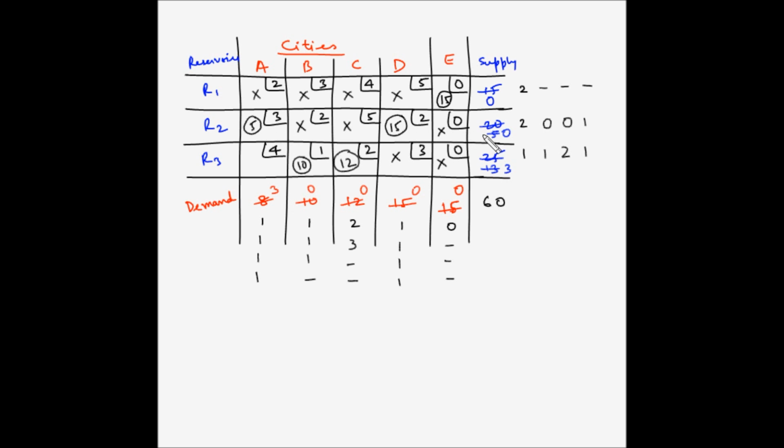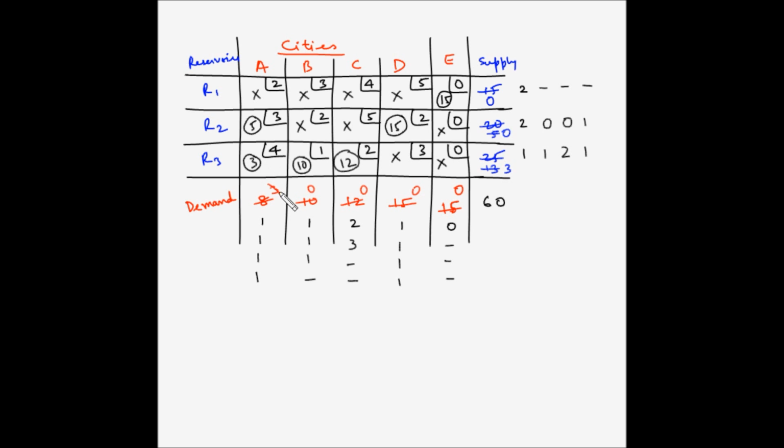Now since the entire supply capacity at R2 has been exhausted, all the boxes should either be allocated or crossed off, and as we can see, they are either crossed off or allocated. So now let's move to the last square for allocation, which is R3A. A has a demand of 3 while R3 has a supply capacity of 3 as well. So the maximum that can be allocated is 3 units here.